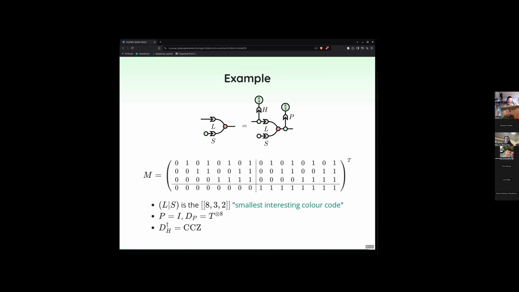Yeah, so you were asking about this P equals I. That means that here I have 8 phase gadgets where the jth phase gadget is acting only on the jth qubit. That's the same thing as saying I do a T gate on every single one of my qubits. Right.